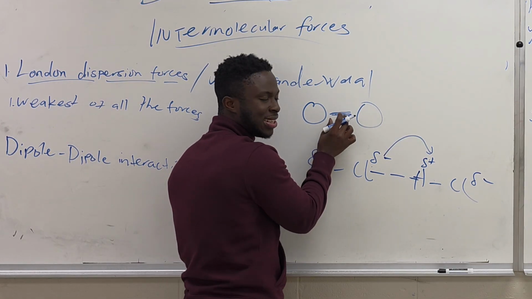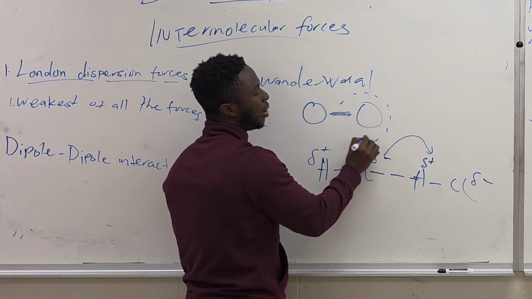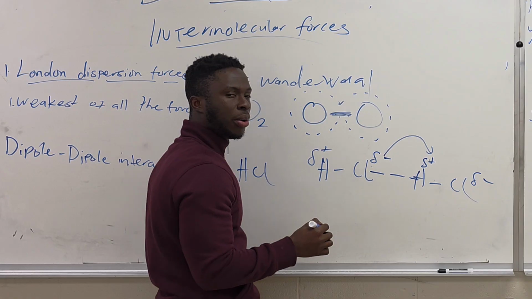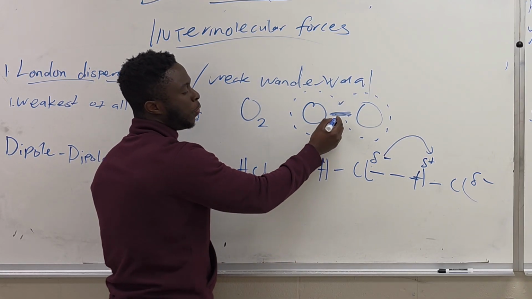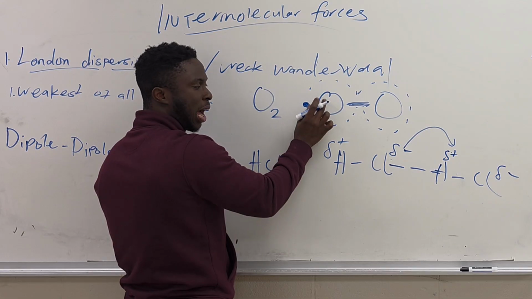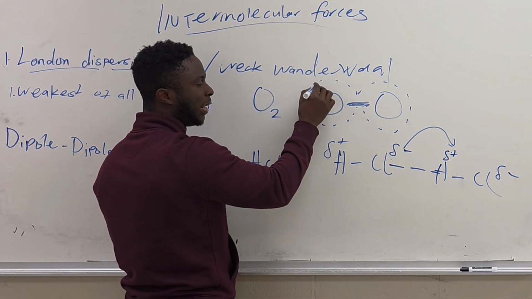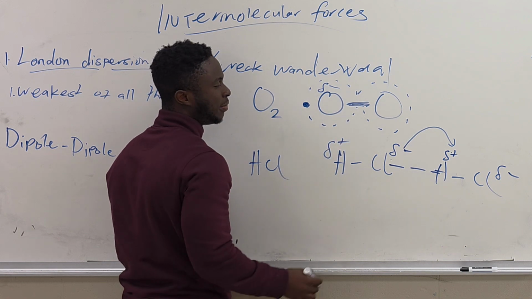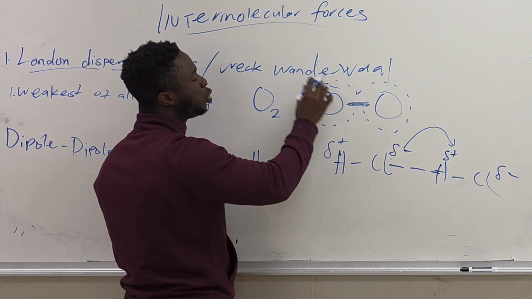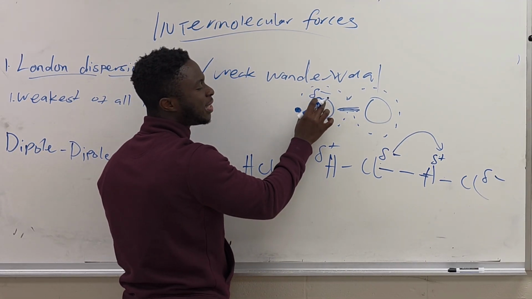it's not static, it's not in the middle here, right? It can be found anywhere, on either of these atoms. So if it is found over here, this particular atom has become more negative. And this being more negative would go and induce other molecules in that vicinity.